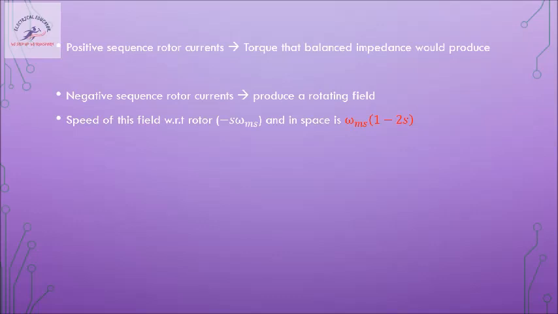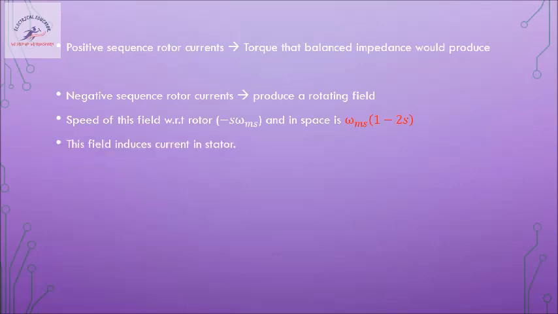In space, that is in the air gap, the speed of this new field will be omega_ms into (1 minus 2s). The omega_ms term is the synchronous speed, and this is the same as omega_ms into (1 minus s), which is used to calculate the speed of the rotor, but here the term 2s is because of this negative sequence.